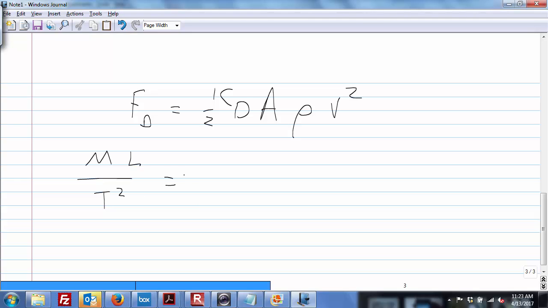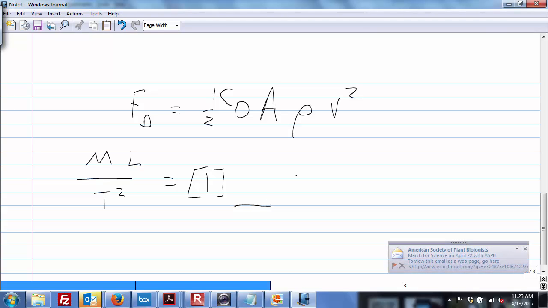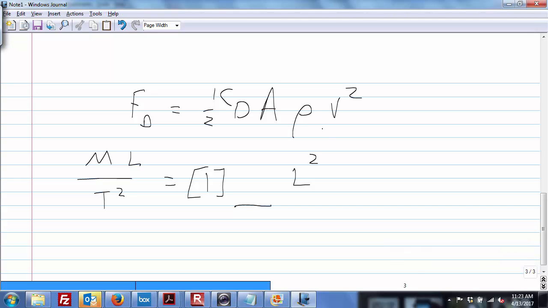The dimensions of 1/2 are just 1. It is dimensionless. We're going to leave C sub D alone for now. We know that area has dimensions of length squared. Density is mass per unit volume, so that's mass per length cubed. And velocity is length over time, so velocity squared is length squared over time squared.